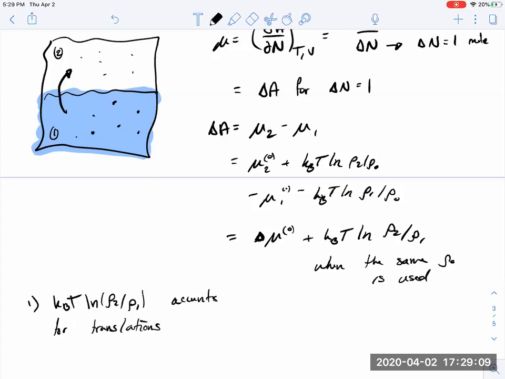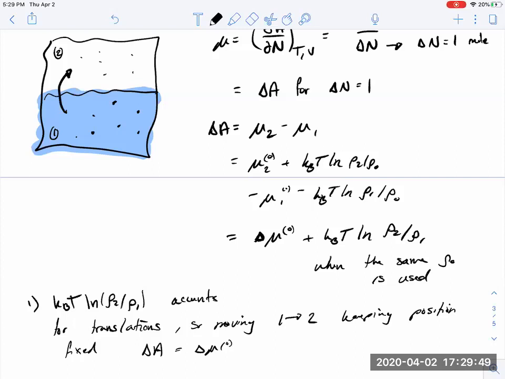So if we moved a particle from 1 to 2, but keeping the position fixed, that change in Helmholtz free energy would be equal to just that change in the standard state chemical potentials.